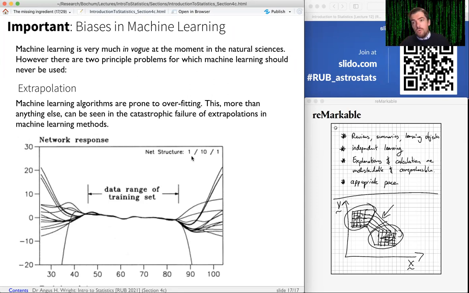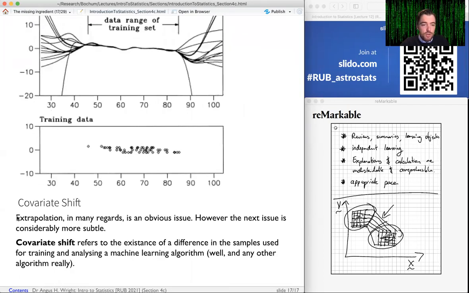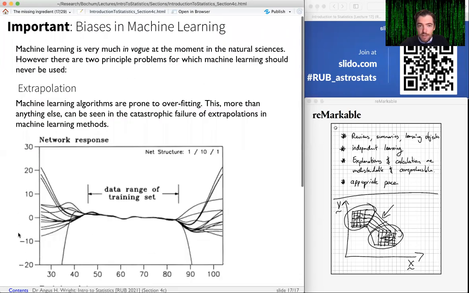There are 2 serious problems with machine learning methods that I think you should know before you start doing anything with machine learning. The first of which is to do with extrapolation, and the second of which is to do with what's called covariate shift.